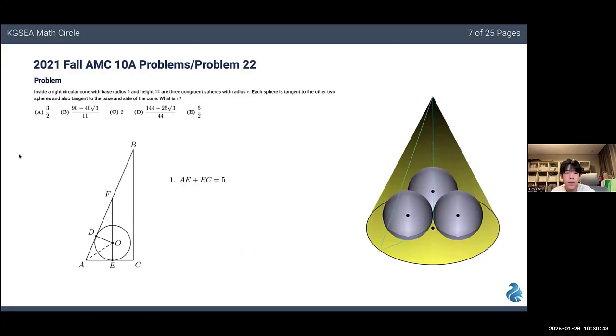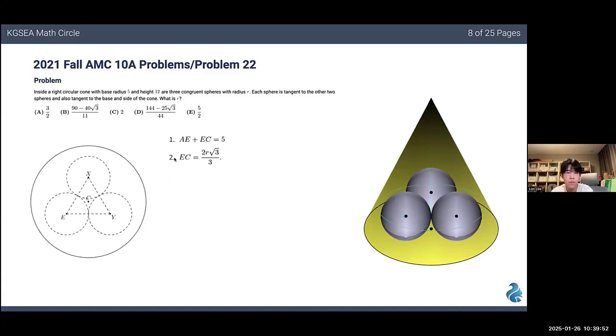First we have to notice that AE plus EC is equal to 5 because the radius of the cone is 5. Second, since the radius of the spheres is r, the sides of triangle XEY would be 2r, and therefore EC would be 2r root 3 over 3.